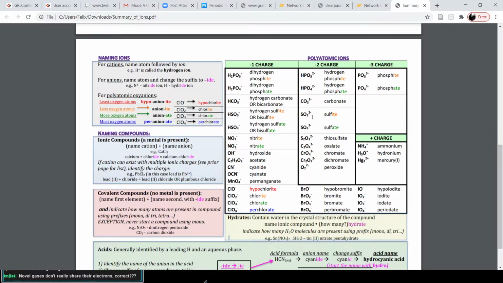On the second page, again, there's that polyatomic ion chart. Like I mentioned last time, it will be very much to your interest to learn this. You will see that there are patterns for some of these, for example this bottom section down here, where you can see patterns going from the names of certain ions.